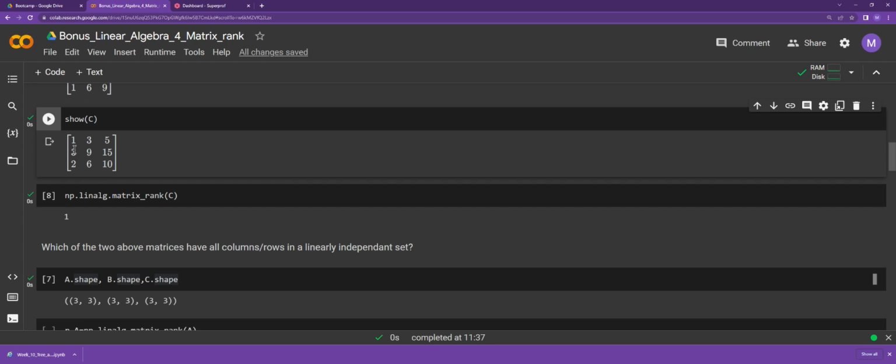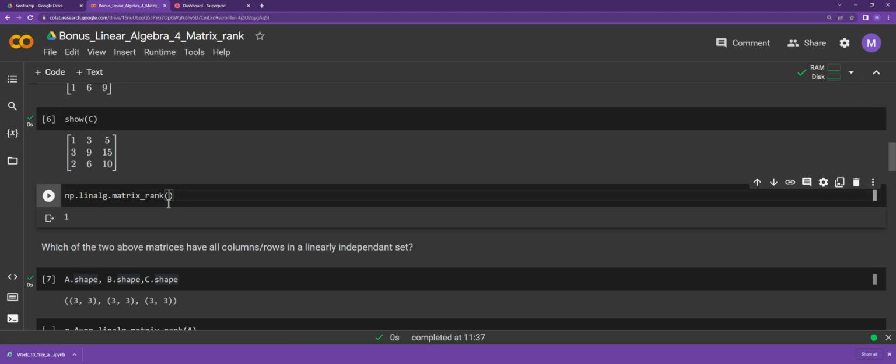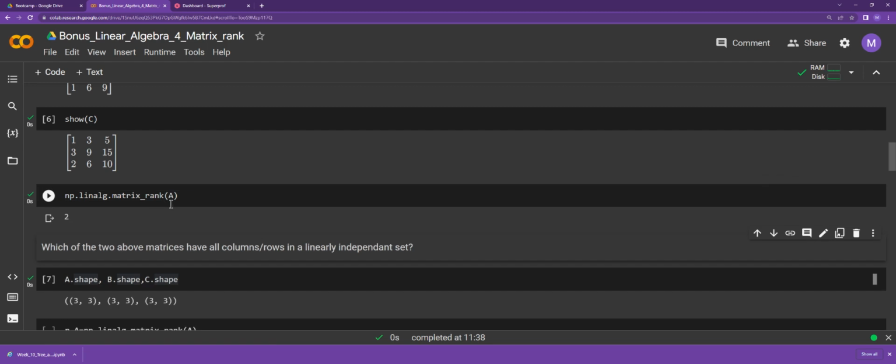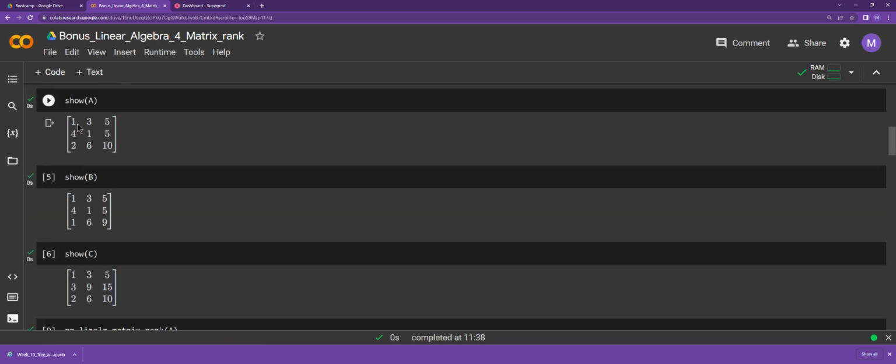Well, it seems that if we multiply the first column by 5, we're going to get column 3. So all these three are linearly dependent with each other. As such, we get a rank of 1. Now, if I was to look at matrix A, it is 2.